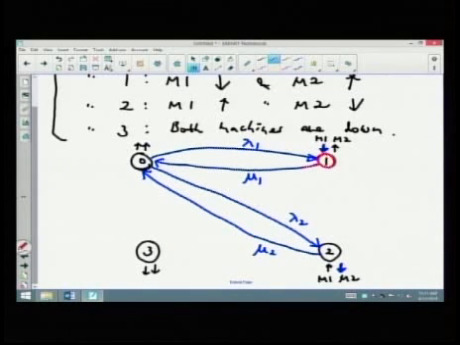There is a possibility that the second machine can go down, right? So what is that? It's going to be like this all the way. What is that rate? That's lambda 2, right?